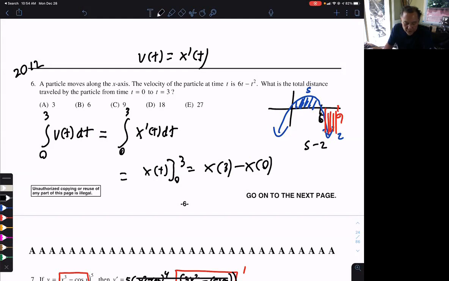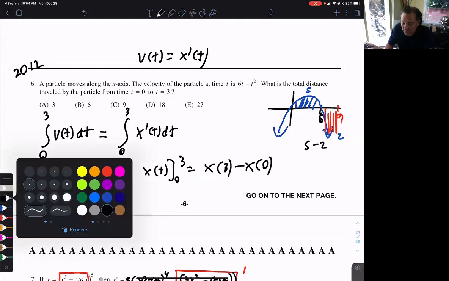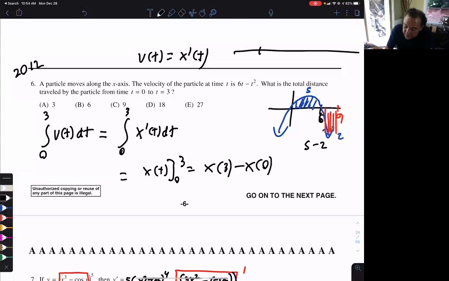So again, important to understand why 3 as opposed to 7. If this is 0, this says you move 5 to the right. So the object moved 5 to the right. And what does this say? Since the velocity is negative here, that means you're moving to the left, and you move 2 to the left.